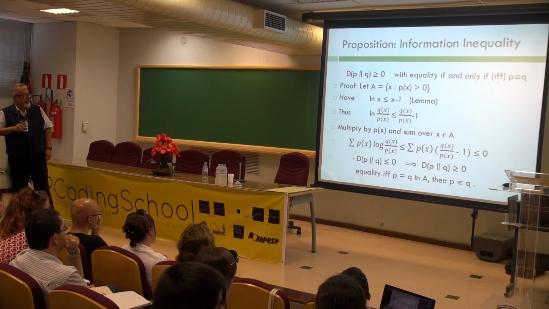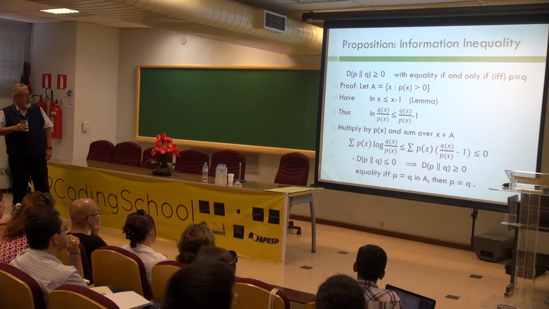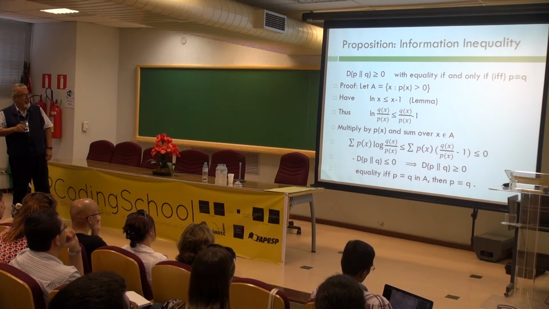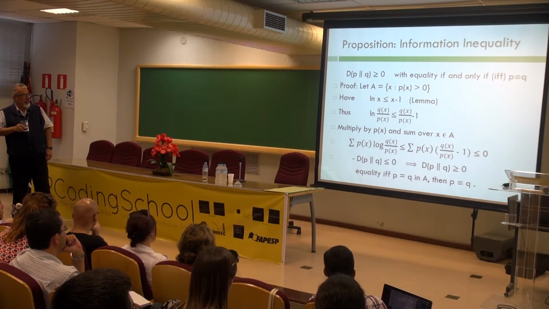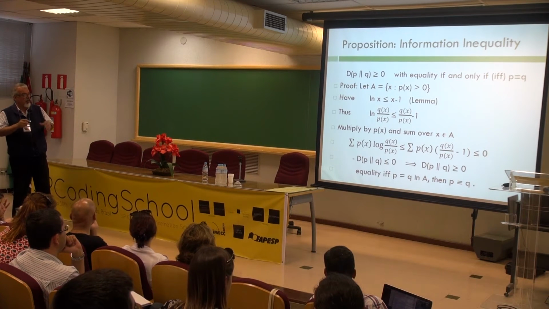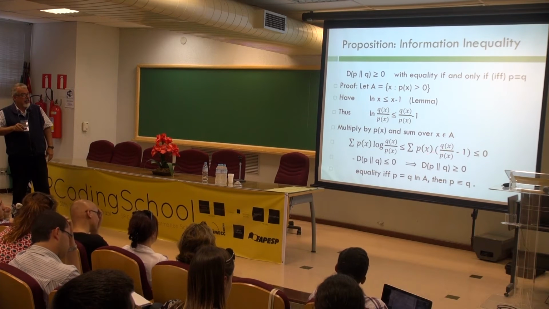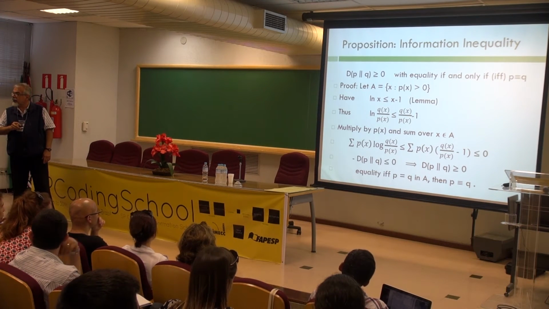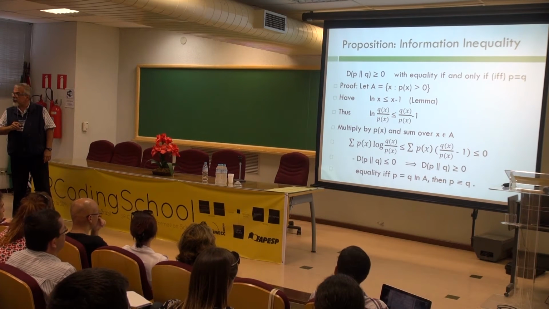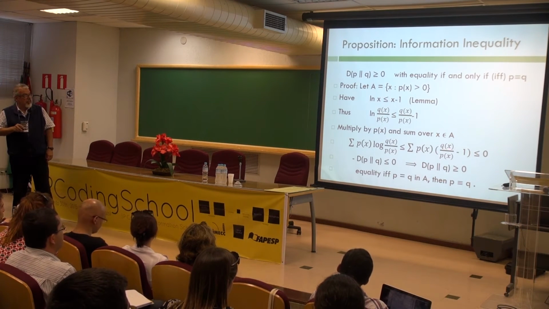Well, but notice that in the second one here, P over P cancels, and the summation of Q is going to be less than 1, perhaps, right? Because Q doesn't have to have all its weight on A. But the summation of P is 1, because all the events of positive probability are considered. So this summation here is going to be less than 0, right?